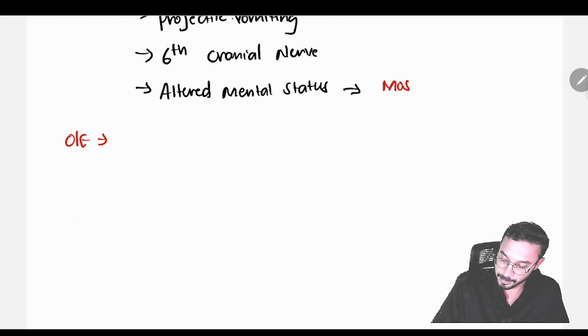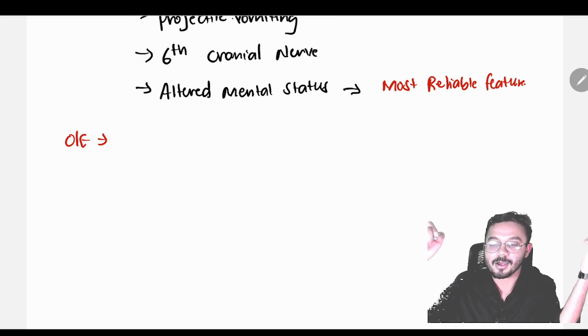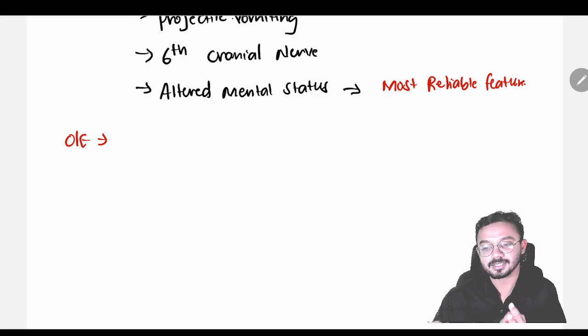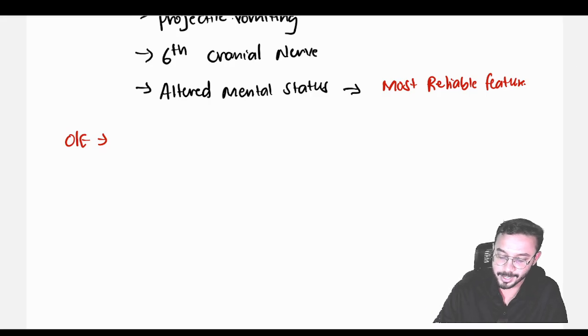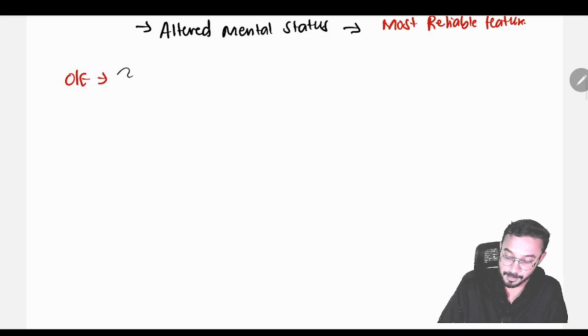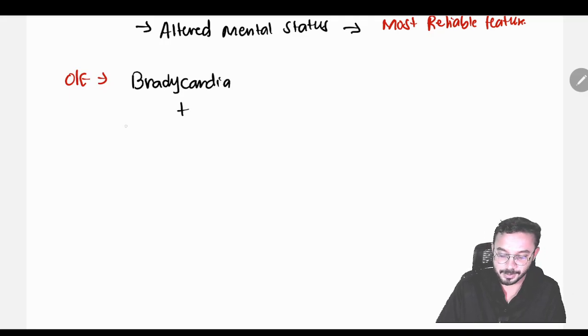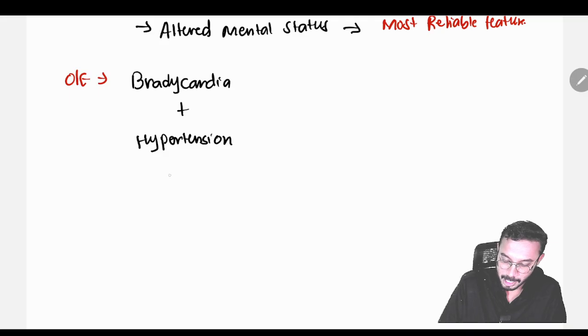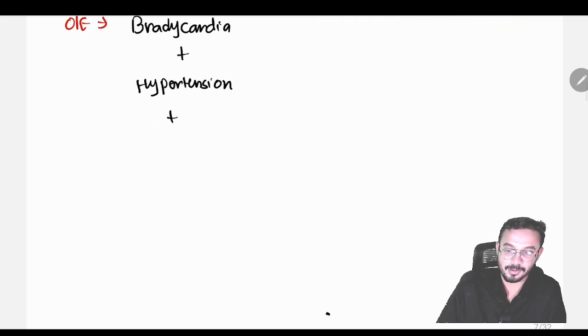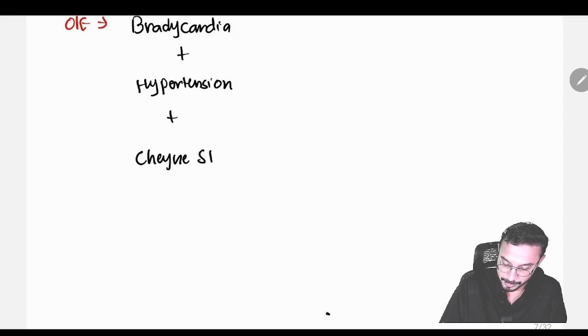Which altered mental status? On examination of patients with raised ICP, this point is very important: the patient has bradycardia, the patient has hypertension, and the patient has irregular Cheyne-Stokes breathing. I will explain what you mean by Cheyne-Stokes breathing.